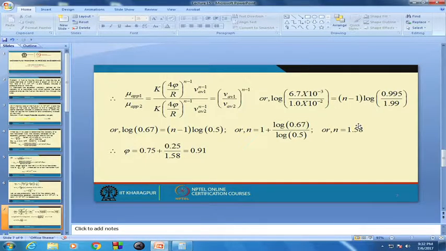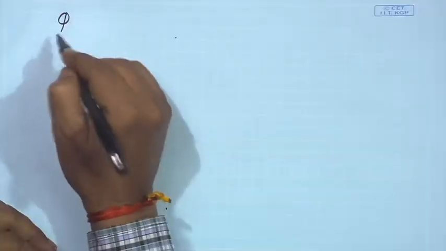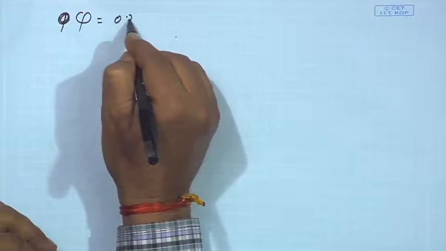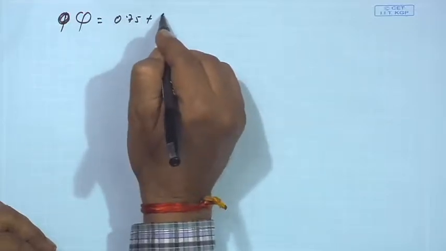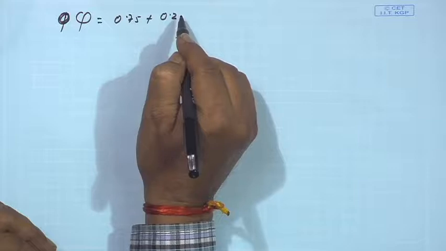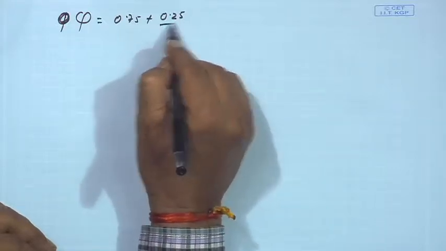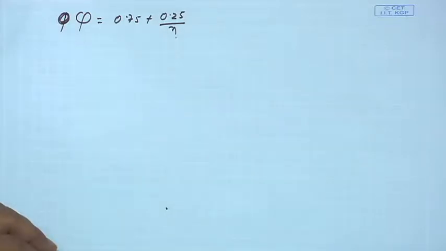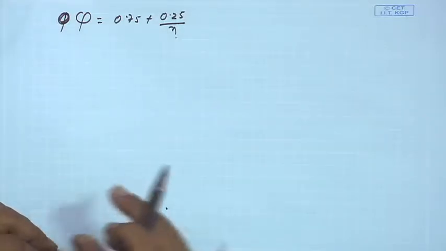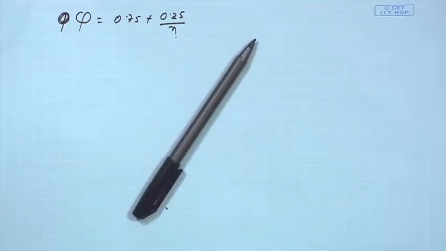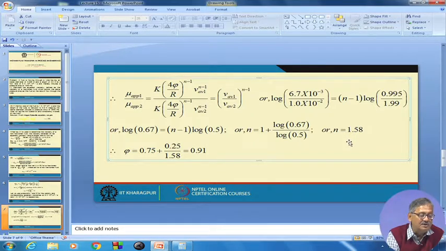So, to get k, we start with psi equals 0.75 plus 0.25 divided by n, right, if we see it correctly. If we look here, n was coming 1.58, so let us take that.